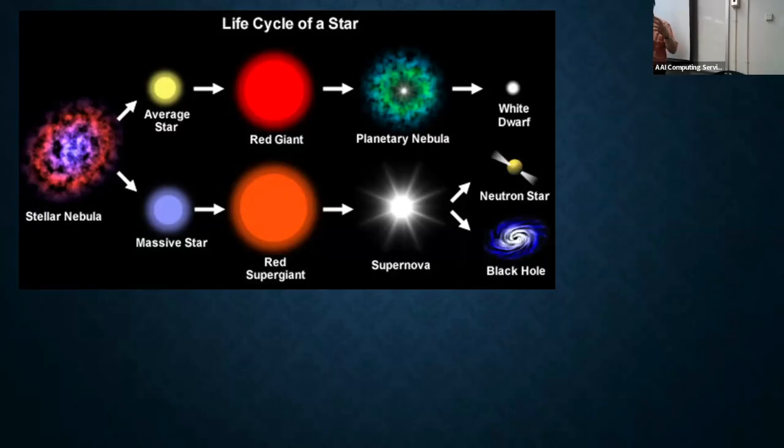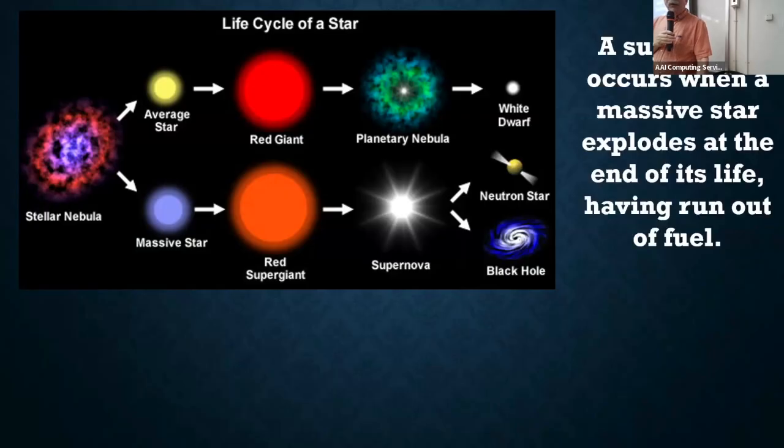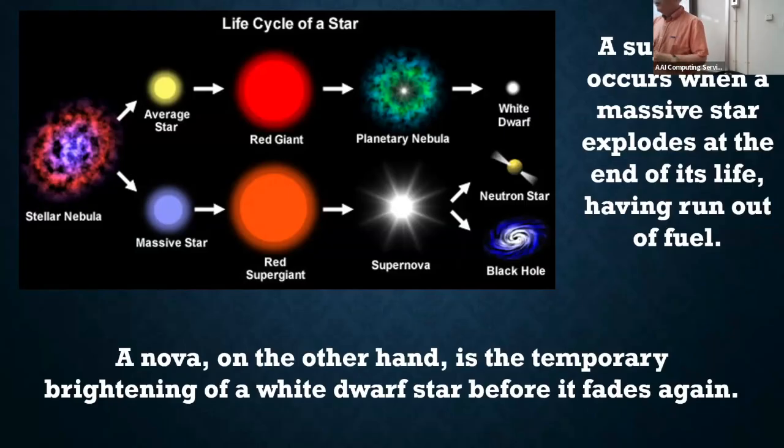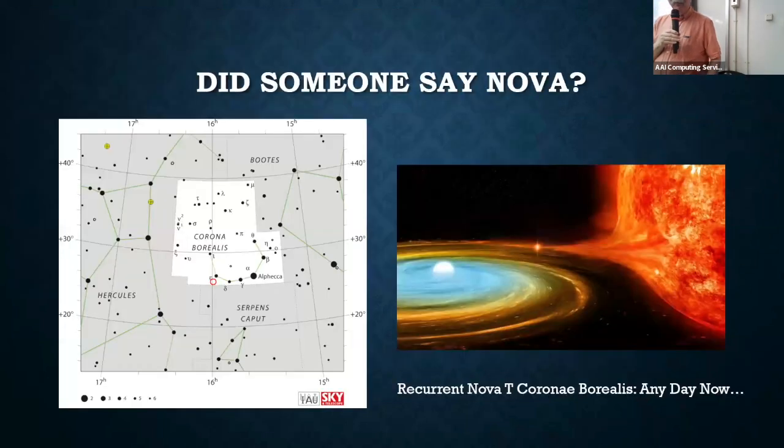But there's one in the constellation Cygnus, which is right next to Lyra. So that's what it says here. Now, this statement here, a nova, on the other hand, is the temporary brightening of a white dwarf before it fades again. That needs a little bit more expansion.